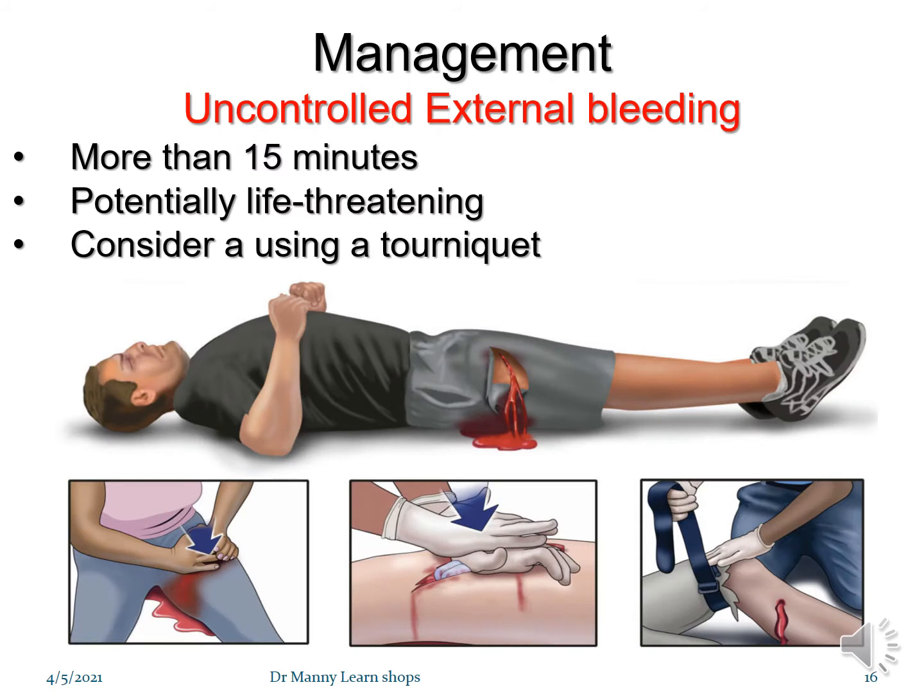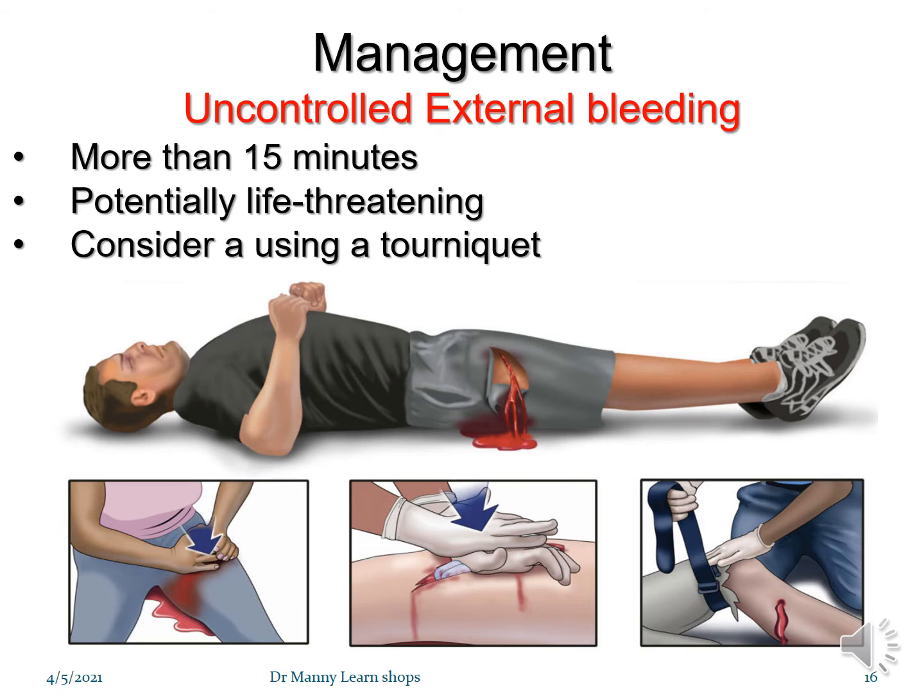What happens if you've got uncontrolled external bleeding? Remember, if you've got uncontrolled external bleeding for more than 15 minutes, this is potentially life-threatening. You're losing blood. So in this circumstance, you can consider using a tourniquet.